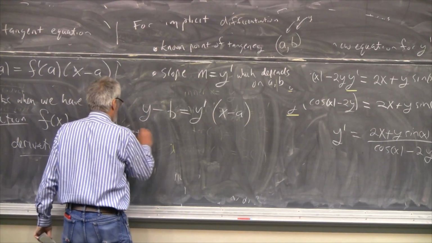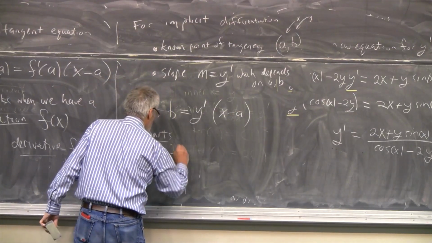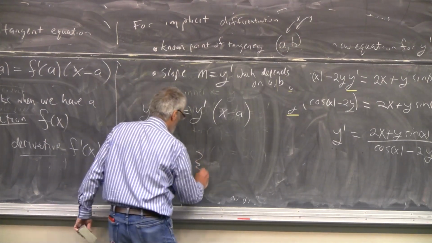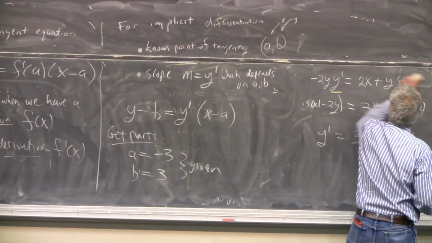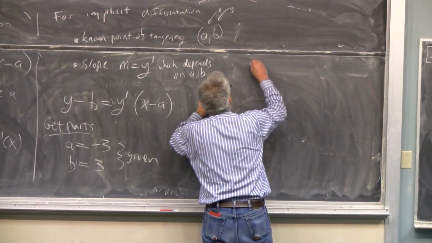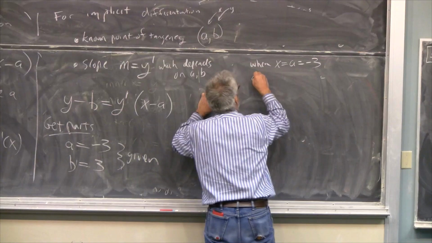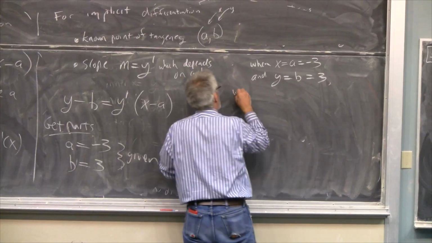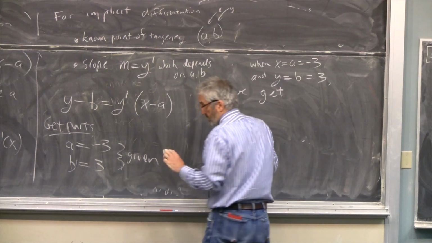Let's get our parts. We have A, which is known to be the number -3. We have B, which is known to be the number 3. These are given. And then let's use that formula over there to get y prime. So when x equals A, which is equal to -3, and y equals B, which is equal to 3, we get y prime equals that mess.